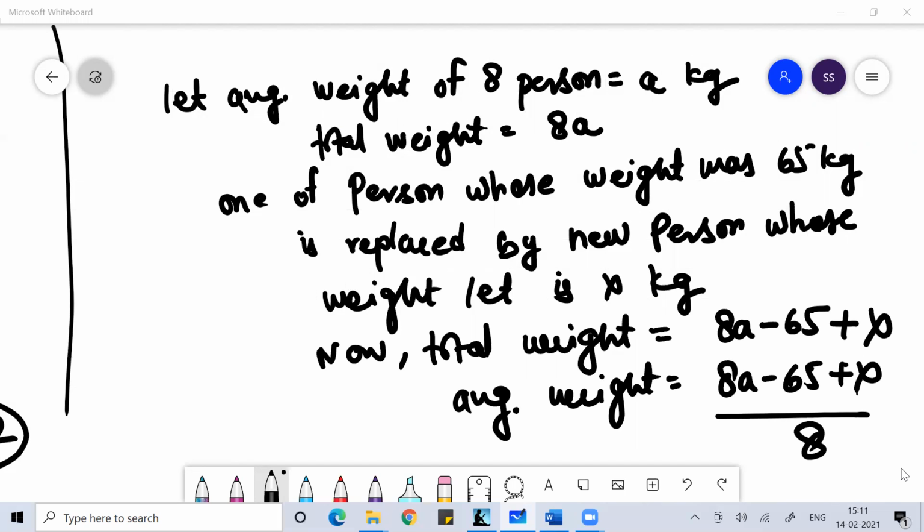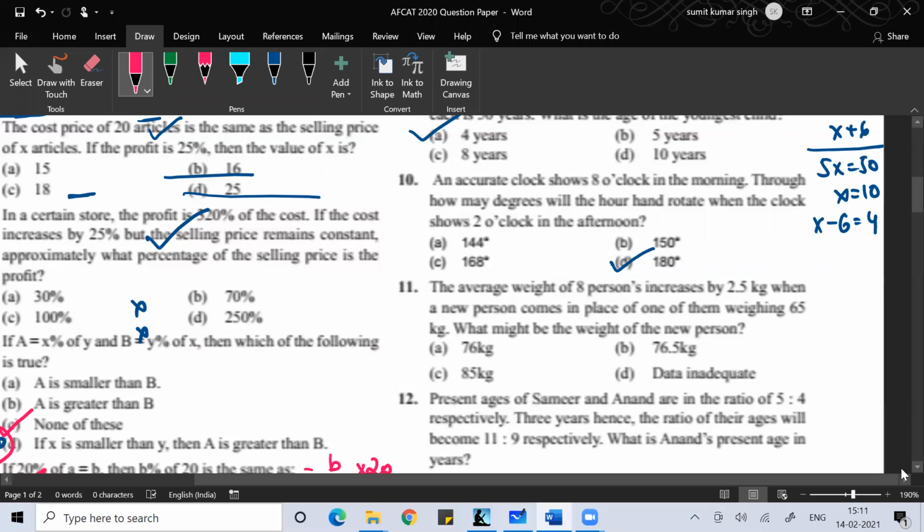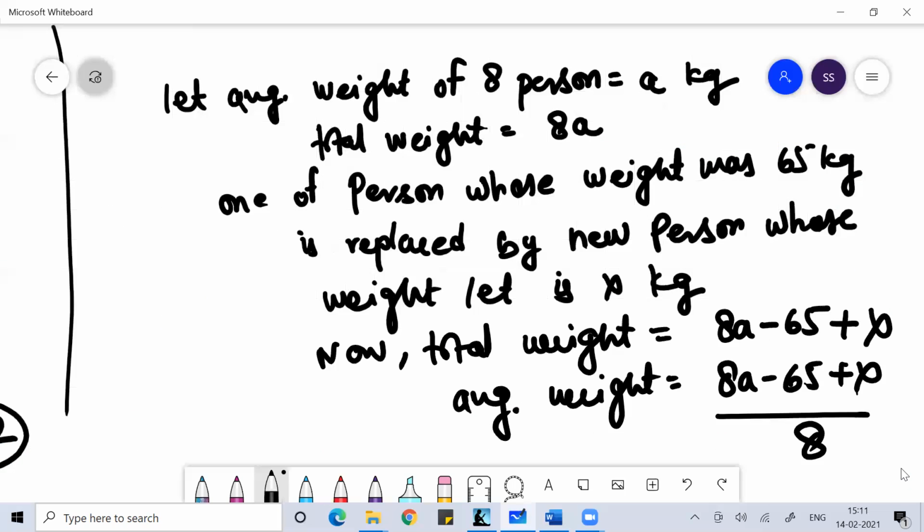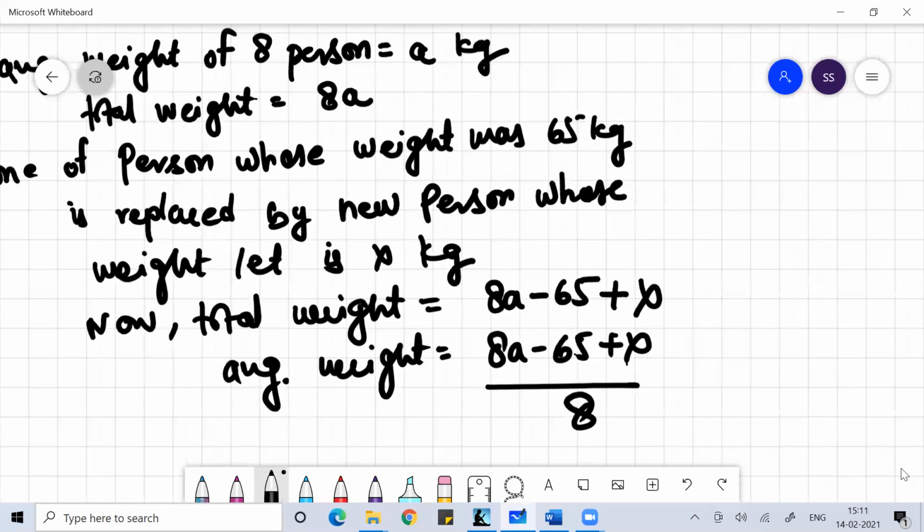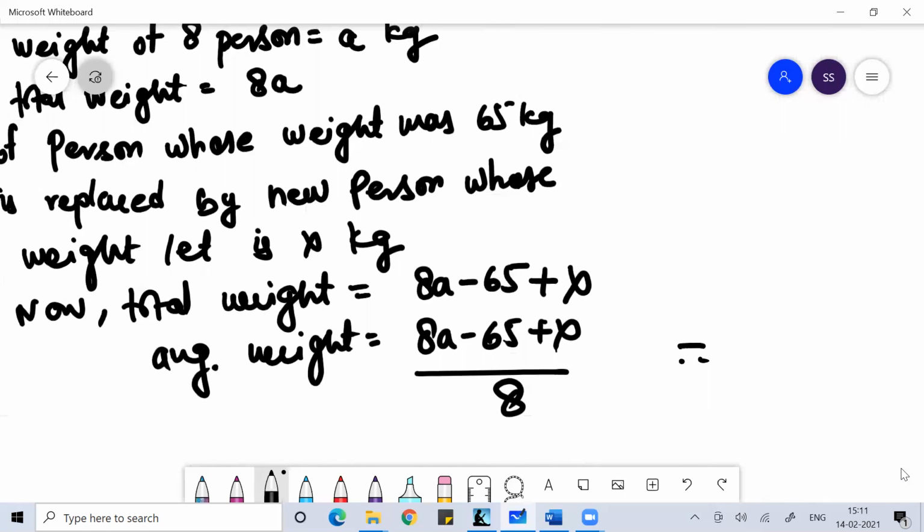And what is mentioned in the problem is that the average weight has increased by 2.5 kg. So the average earlier was a, and now this becomes a plus 2.5. 2.5 I can write as 5 by 2. Correct?